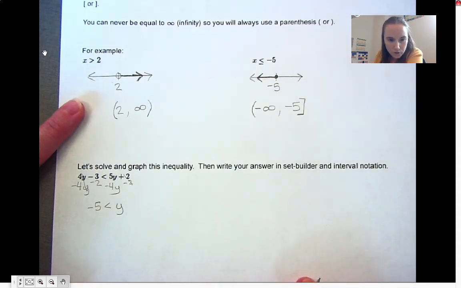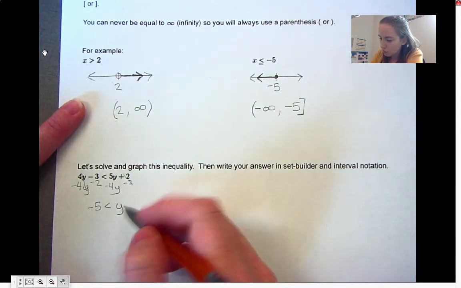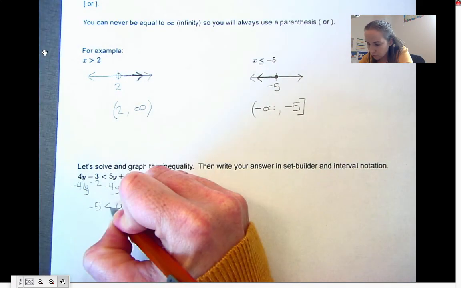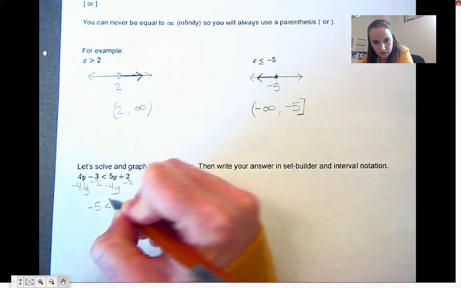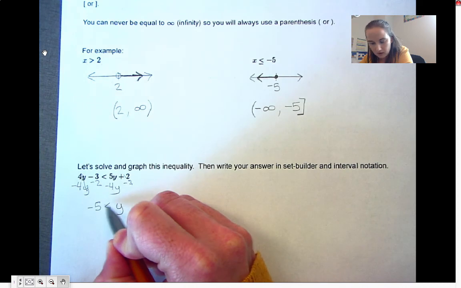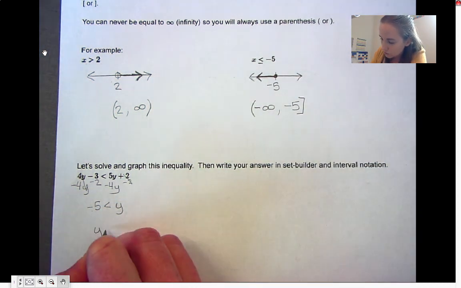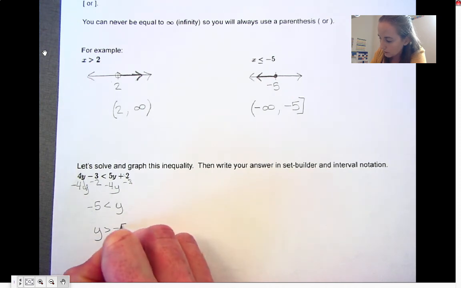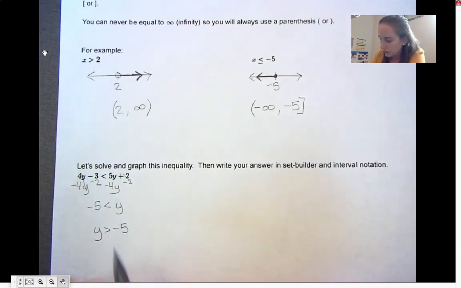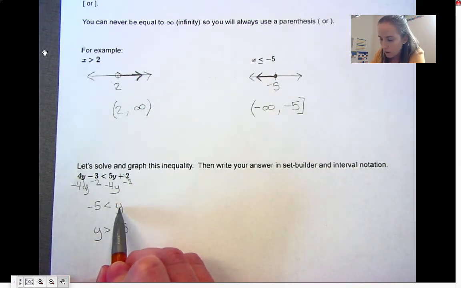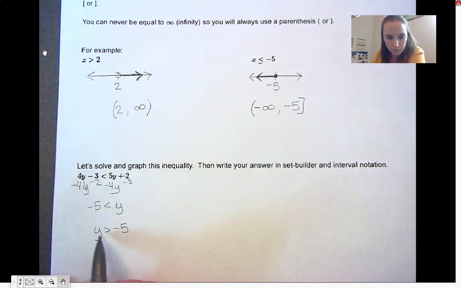Now the way that I have it written, if you want to change it back around so that you can see it from the variable, you always need to look at it from the variable. In this case, y is greater than, the big part is next to the y, so y is greater than the -5. But a lot of students get confused with that, so you can go ahead and rewrite it like this. Just make sure if the open part is towards the y, that it's still towards the y when you flip it around.